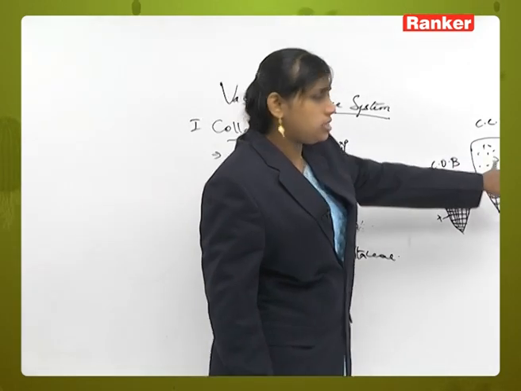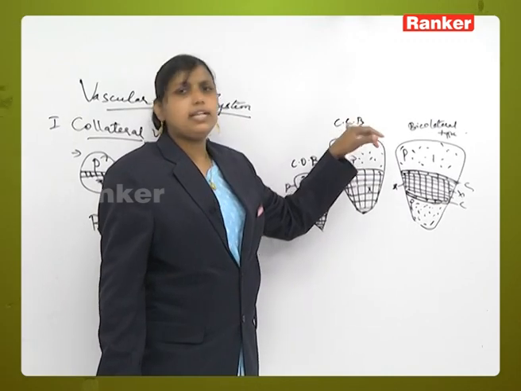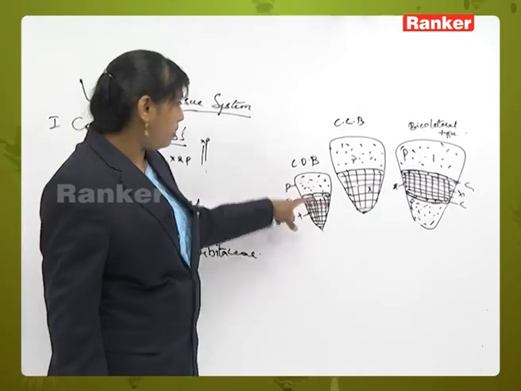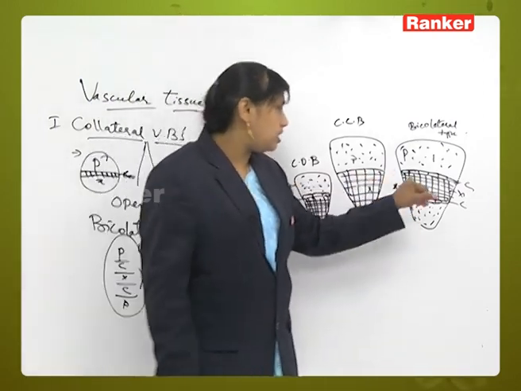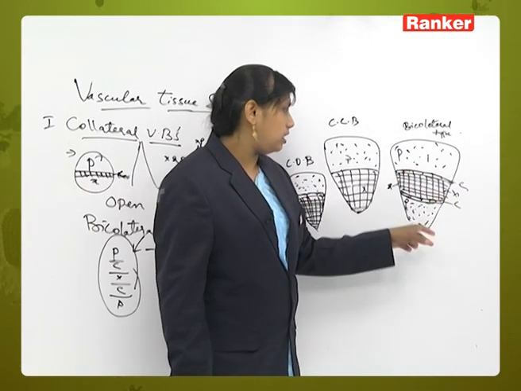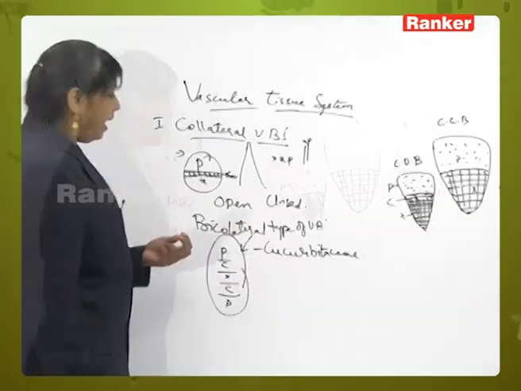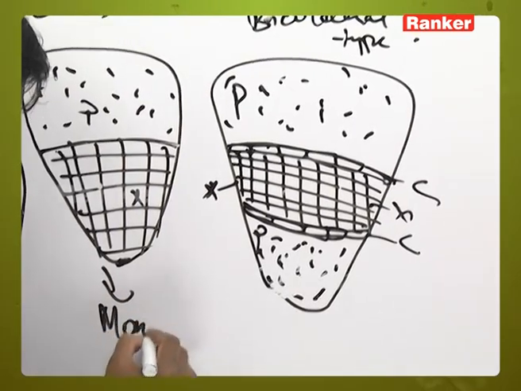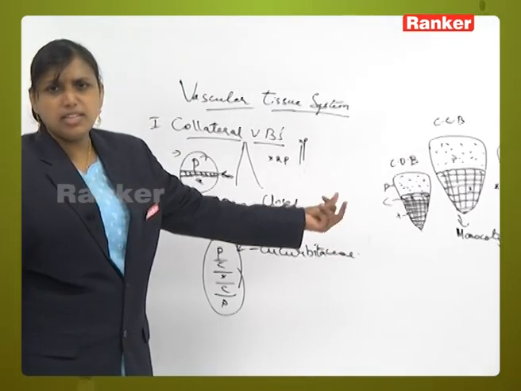If there is no cambium in between xylem and phloem, then that type is called a collateral closed vascular bundle. If you have cambium in between the xylem and phloem, then that is a collateral open vascular bundle. And if you see the presence of cambium on either side of the xylem, with phloem also on either side, then that is called a bicollateral type of vascular bundle. Where do we see these? Closed ones are seen in monocots, where there is no secondary growth.